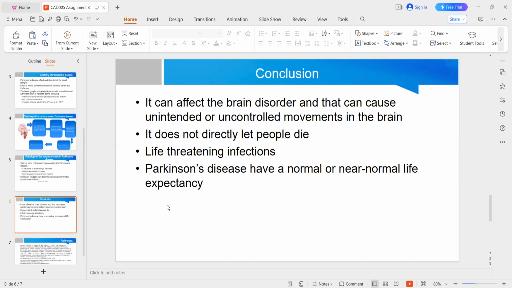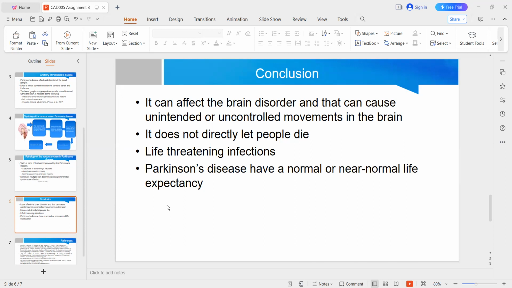In conclusion, I have discussed that Parkinson's disease is a brain disorder that can cause uncontrolled movements. Although it doesn't directly cause death, the condition can place great strain on the body and make some people more vulnerable to serious and life-threatening infections.